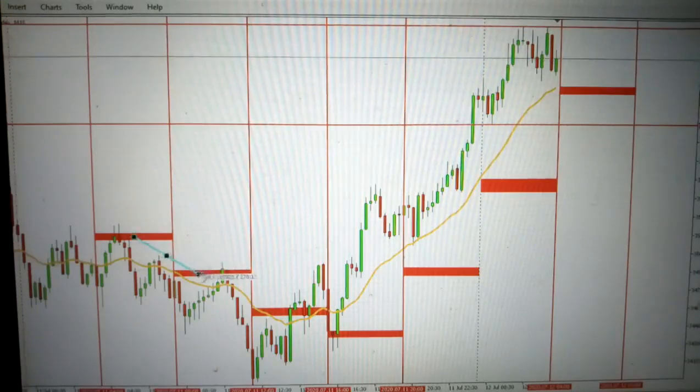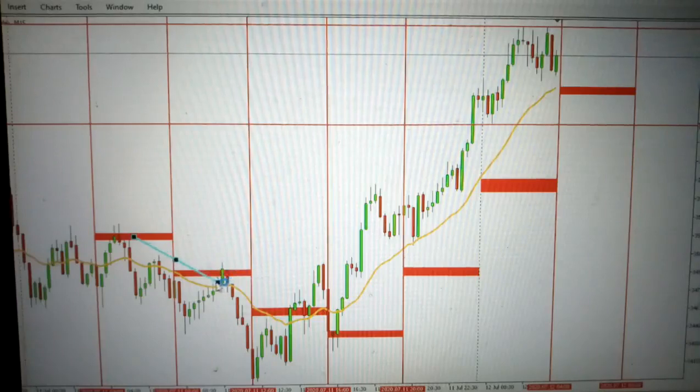From the middle of the support or resistance, I'll connect to the middle of the next support or resistance, from one midpoint of the shape to another midpoint.